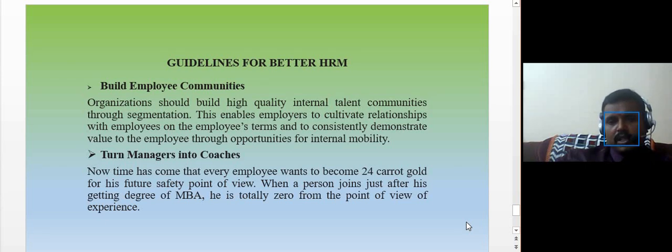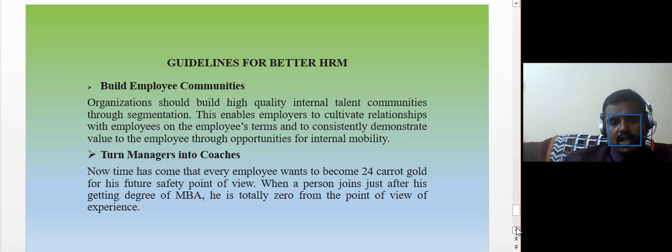Develop employee communities, because various segmentations are there. Whatever it is, you must create the opportunity for people to follow that particular segment, because a lot of unions are there, trade unions are there, right? A lot of problems are there. Whoever it is, give freedom and build the employee communities under one tree.